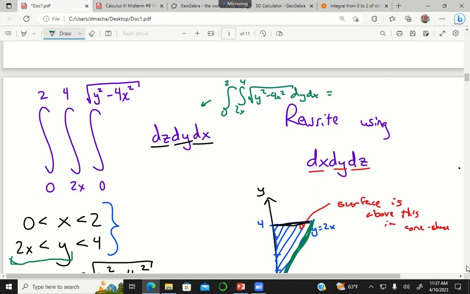If I take the antiderivative of that junk with respect to y, then the antiderivative would be 1 over the square root of y squared minus 4x squared times 2y.